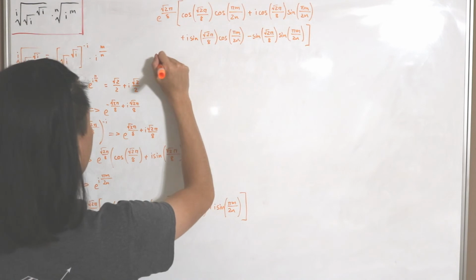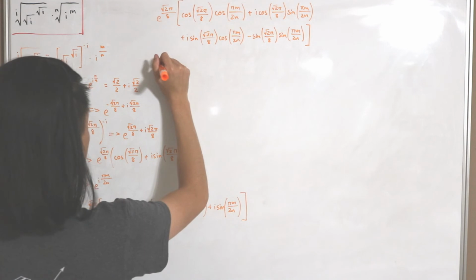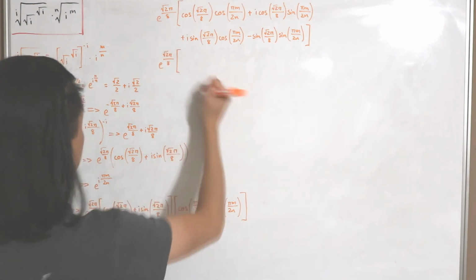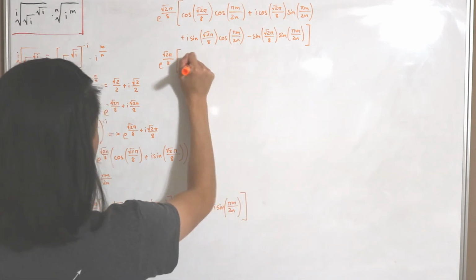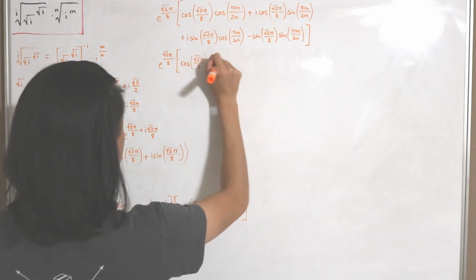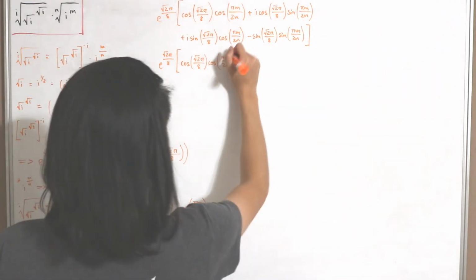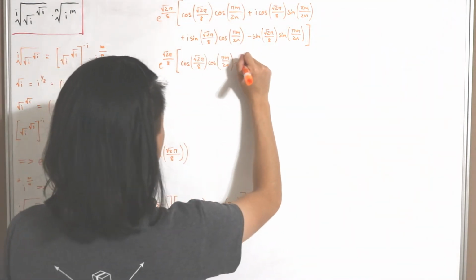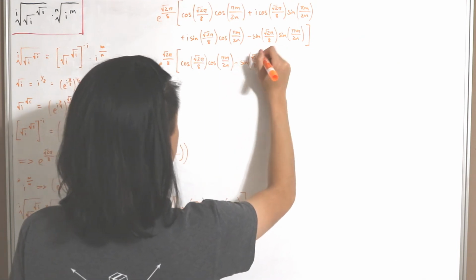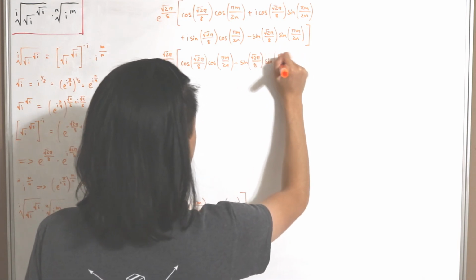Now how about I separate the real part and the imaginary parts. Of course we still have the same thing from over here, e to the square root of 2 pi divided by 8, and we keep this in brackets. If we separate the real parts, we have cosine of square root of 2 pi divided by 8 times cosine of pi m divided by 2n, minus sine of square root of 2 pi divided by 8 times sine of pi m divided by 2n.